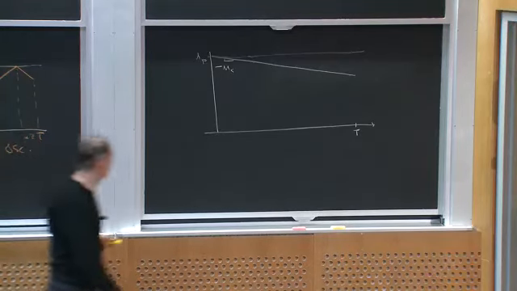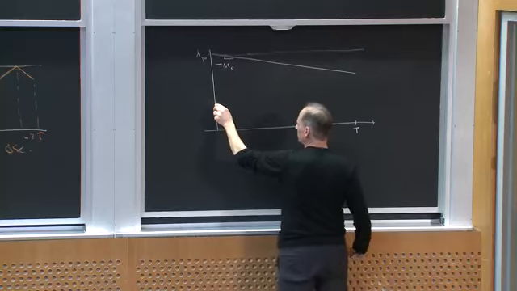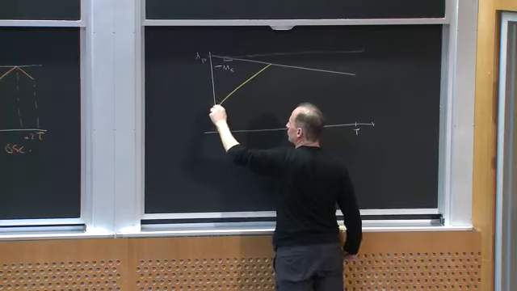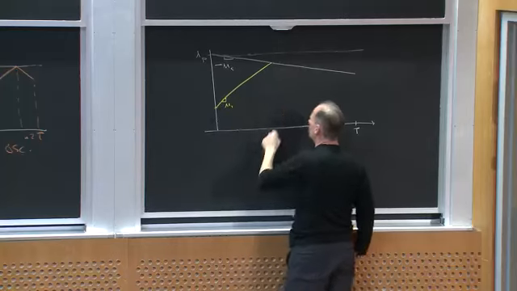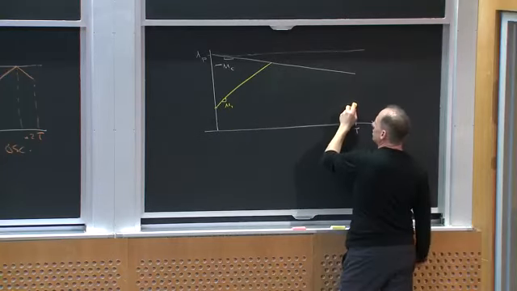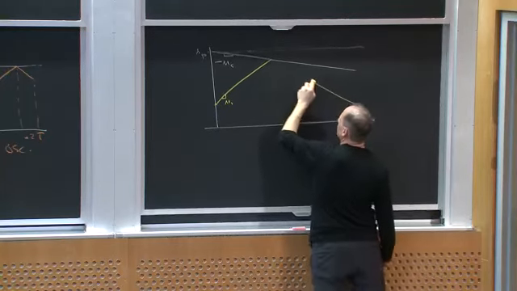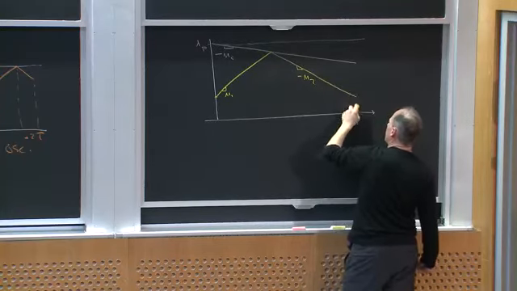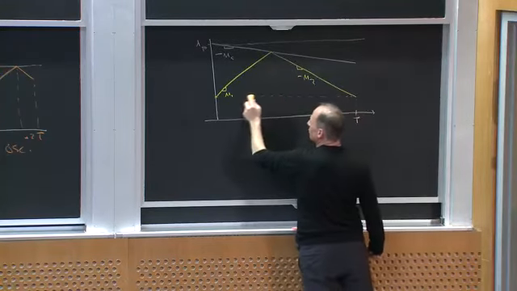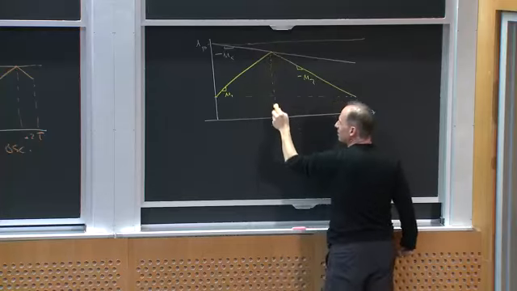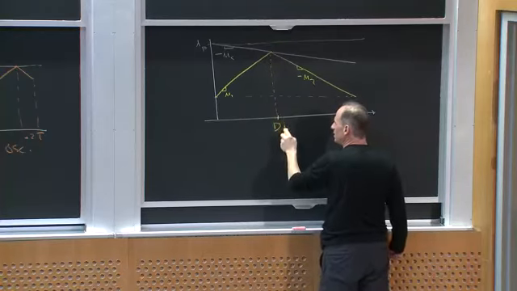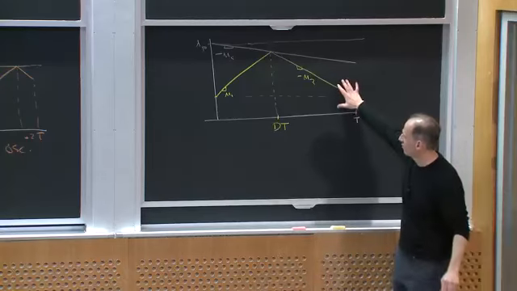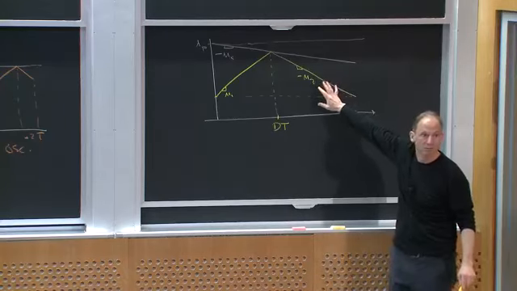I start off somewhere, I ramp up with slope M1, then I ramp down with slope minus M2, and I end up exactly where I started at the beginning of the cycle. This is periodic steady state behavior. So this is what I'm going to call DT. This yellow waveform is the behavior I'm looking for.